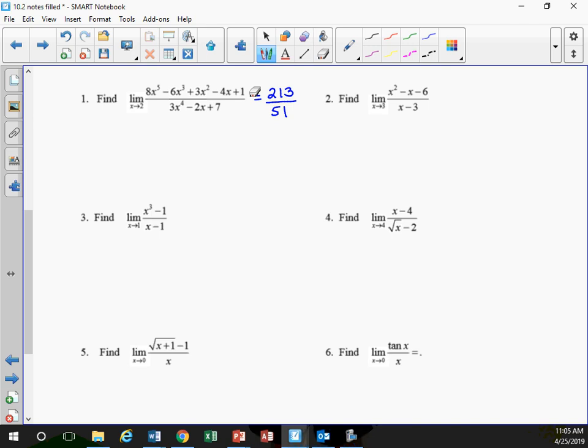All right, try number 2 for me. What do you think you have to do on that one? Opposite signs, or like opposite denominator, I think, but very similar, yes.